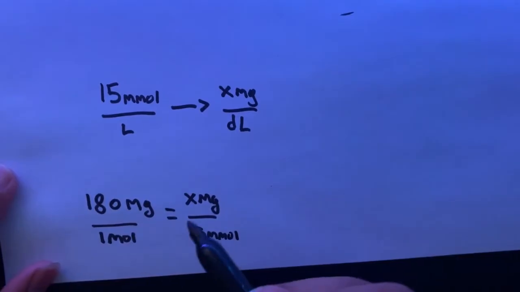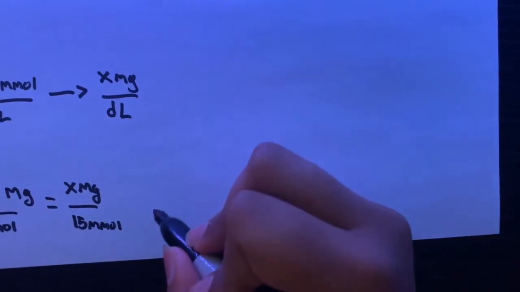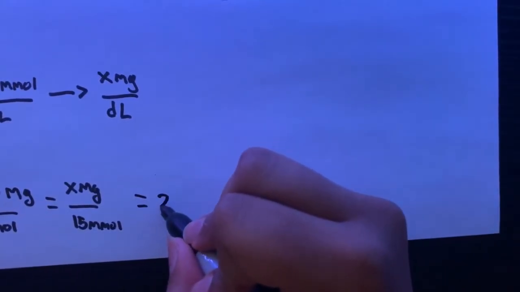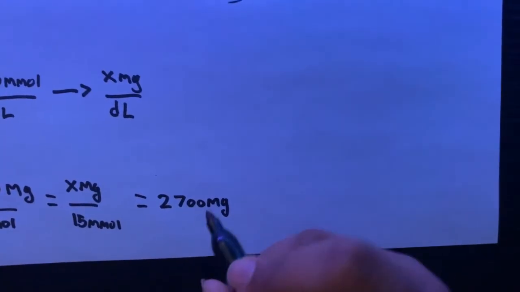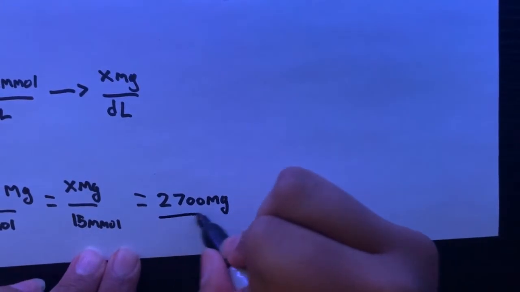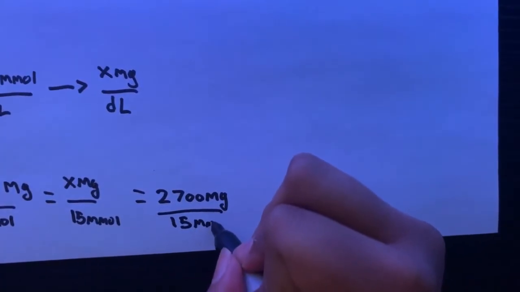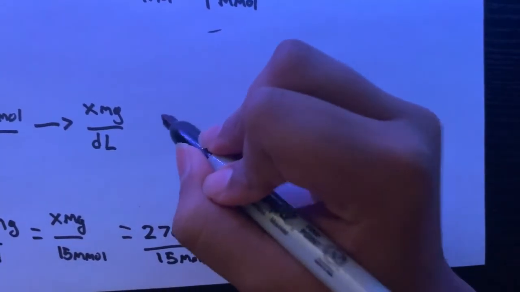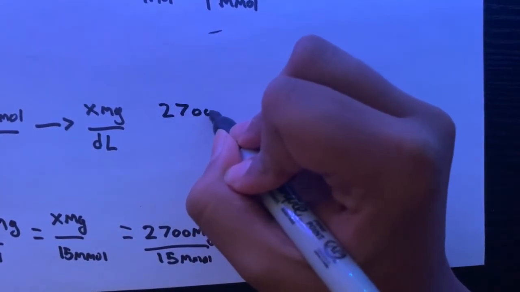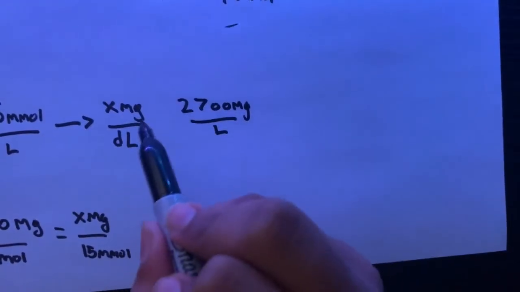So now here you can just cross multiply, and we get 2,700 milligrams per 15 millimoles. So this is the numerator here. So now we've solved this. So we can write this as 2,700 milligrams per liter. Because remember, we haven't converted to deciliters.